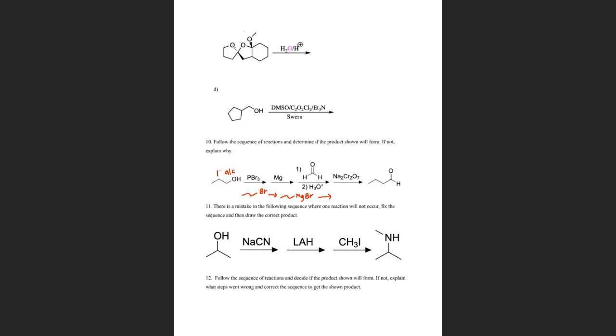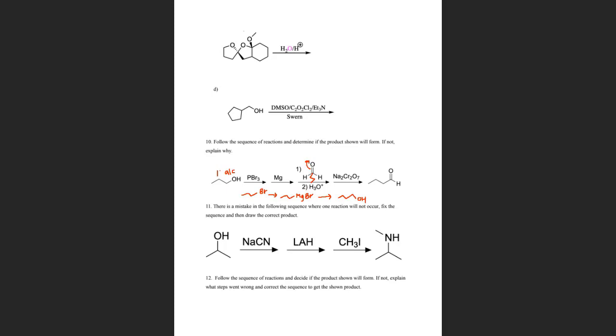So basically, the MgBr is going to attach itself right there, and then it's going to kick up the double bond and form an alcohol. So if we redraw that, we're basically just extending the chain by one carbon.